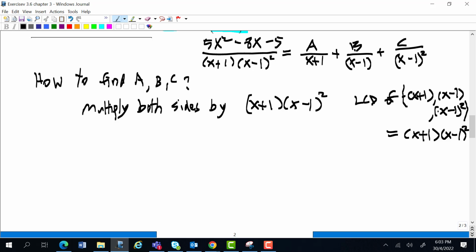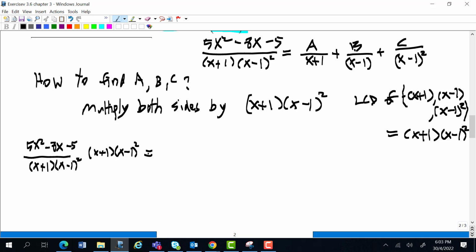Then the left hand side becomes 5x squared minus 8x minus 5 over x plus 1, x minus 1 squared, multiplied by x plus 1, x minus 1 squared.